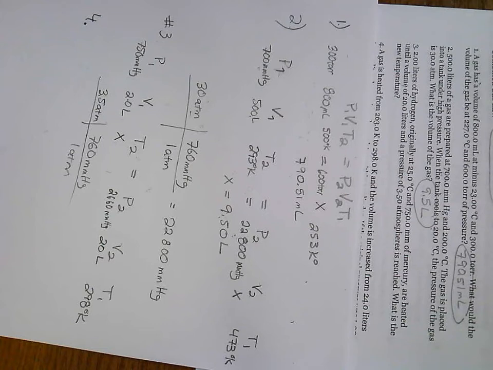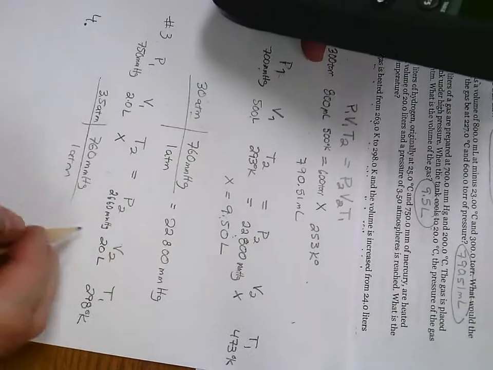That cannot be right. 2,660 times 20 times 298 equals, that is a huge number, divided by 2 times 750. Yep, no way around it.